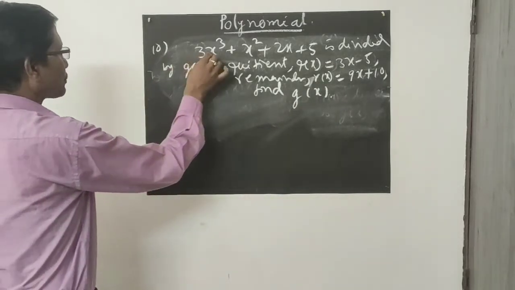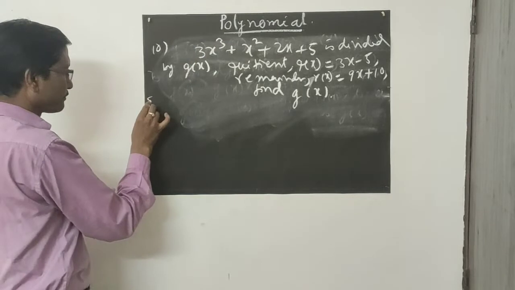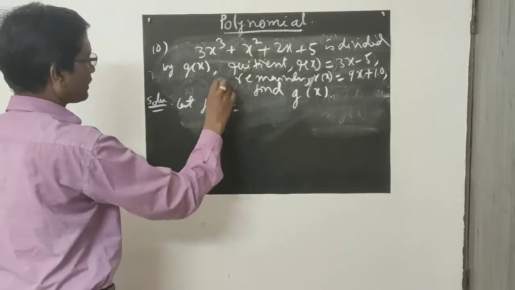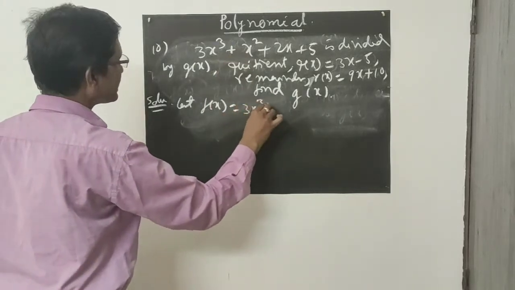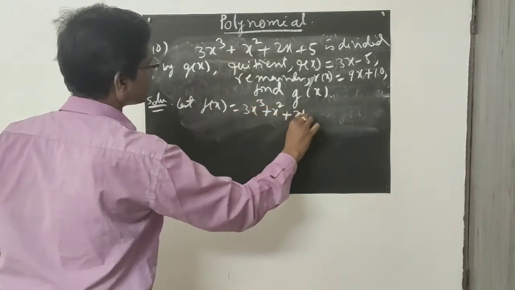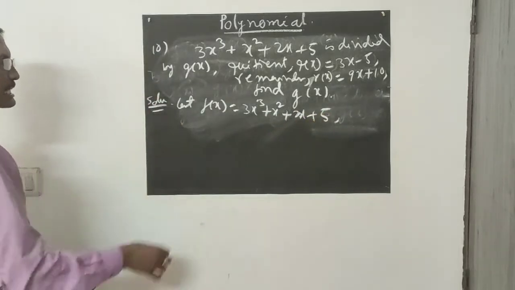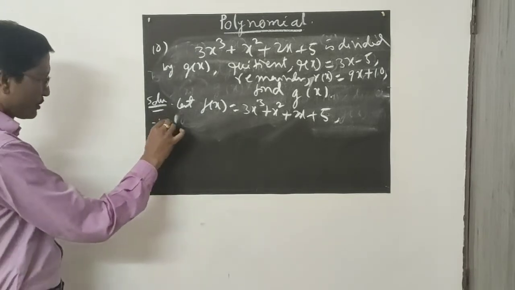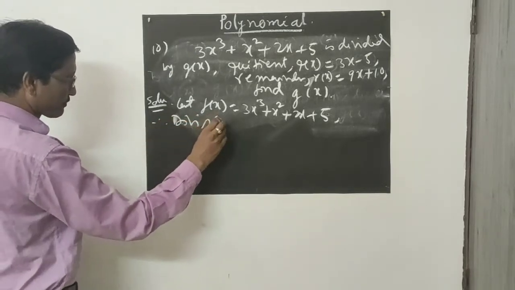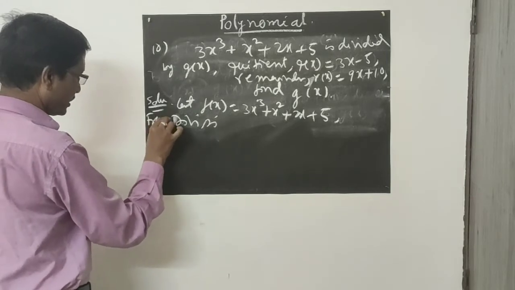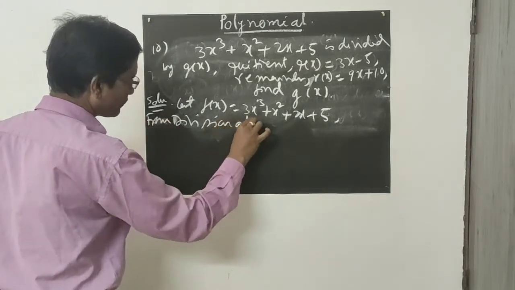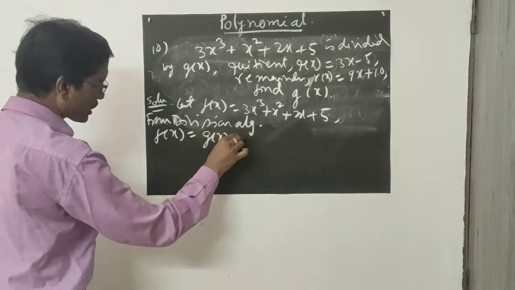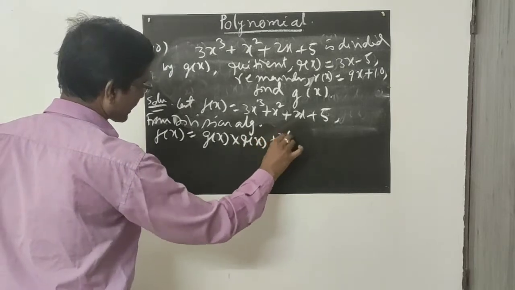This is the question. So let f(x) equal this polynomial that we have supposed, and g(x) is to be found out, where q(x) is given. From the division algorithm we get f(x) equal to g(x) into q(x) plus r(x).